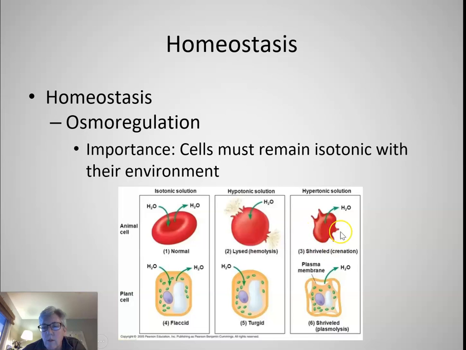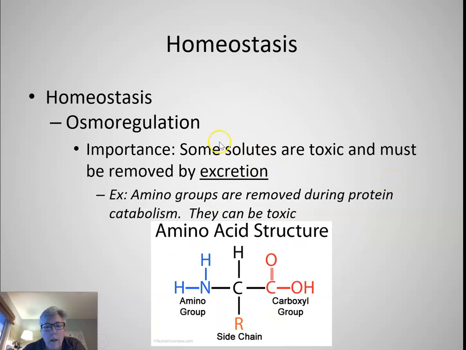In a hypertonic solution, the water is going to go rushing out of the cell and the cell is going to shrink up. So it's very important that cells maintain their water and solute balance and remain isotonic via osmoregulation. Another reason is that some solutes are toxic and they need to get removed from the cell.